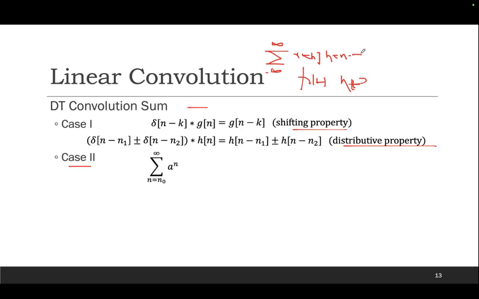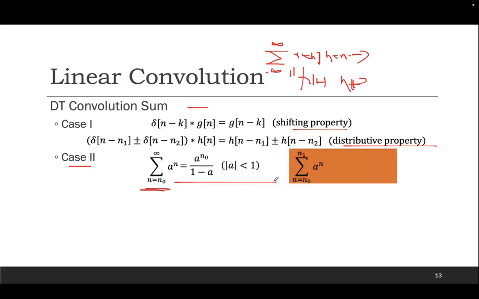Do you remember? You can try to convert your equation into this form, and then use this equation to calculate it. This is case two. Sometimes you can also convert your equation to this other form, and then use that equation. Does that make sense to you?